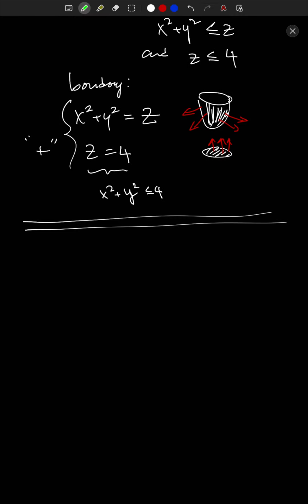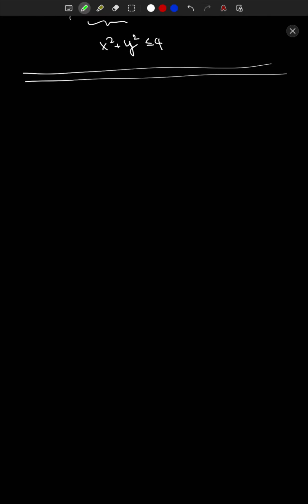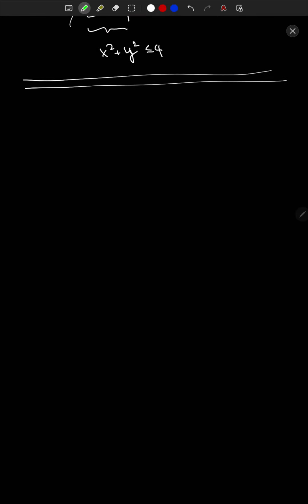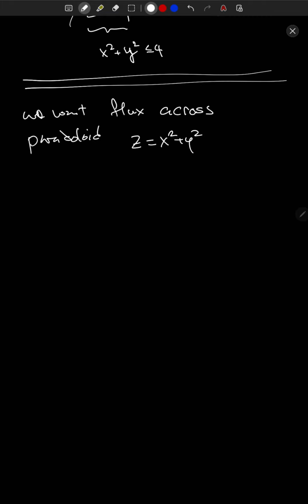Okay, so maybe a more complex example. Let's use something similar to this paraboloid up here. So let's say we want the flux across the paraboloid z equals x squared plus y squared, and let's say z less than or equal to 4.